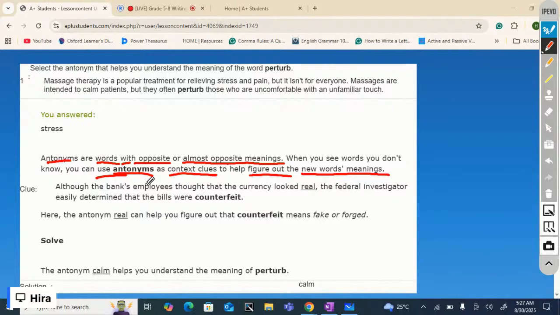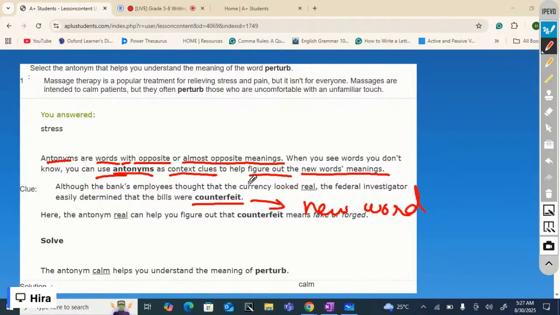Although the bank's employees thought that the currency looked real, the federal investigator easily determined that the bills were counterfeit. Counterfeit. Is it a new word for you? Don't know the meaning? No worries. We'll look for any context clue.